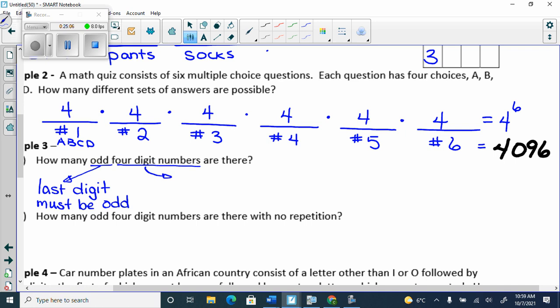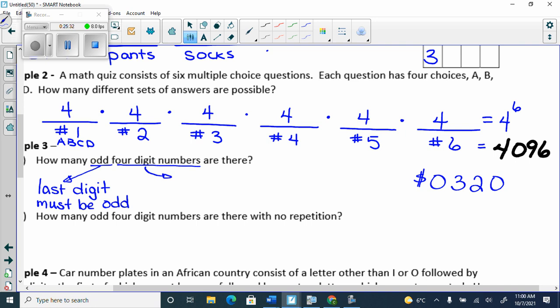So 4-digit numbers, 3,768 would be a four-digit number, right? Let's say I tell you I'm going to pay you in a 3-digit number, all right? And I'm going to pay you $320. What would you tell me? You tell me you are terrible. That's not a 4-digit number.